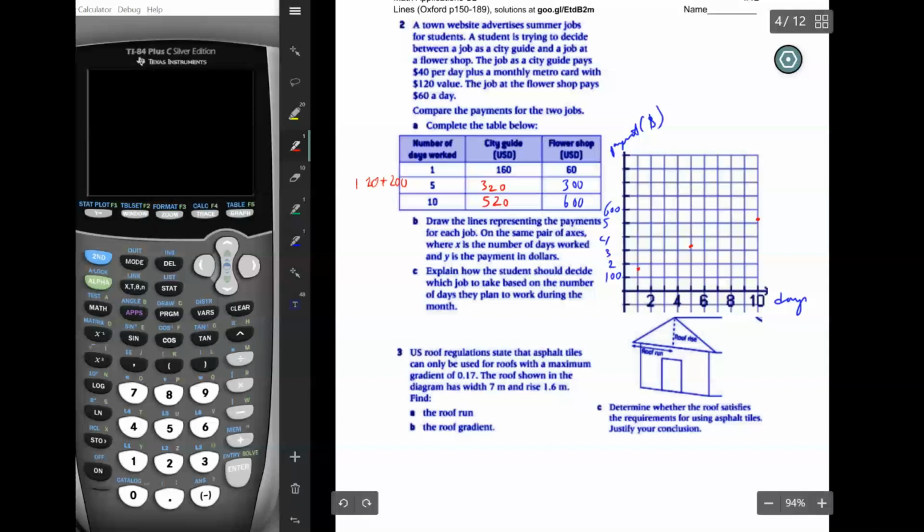Okay, and then the blue line would be 1, 60, and 5, 300, and 10, 600. Okay, these are straight lines, although maybe you can't tell from my lines. You should draw that with a ruler if you're drawing it with a pencil.